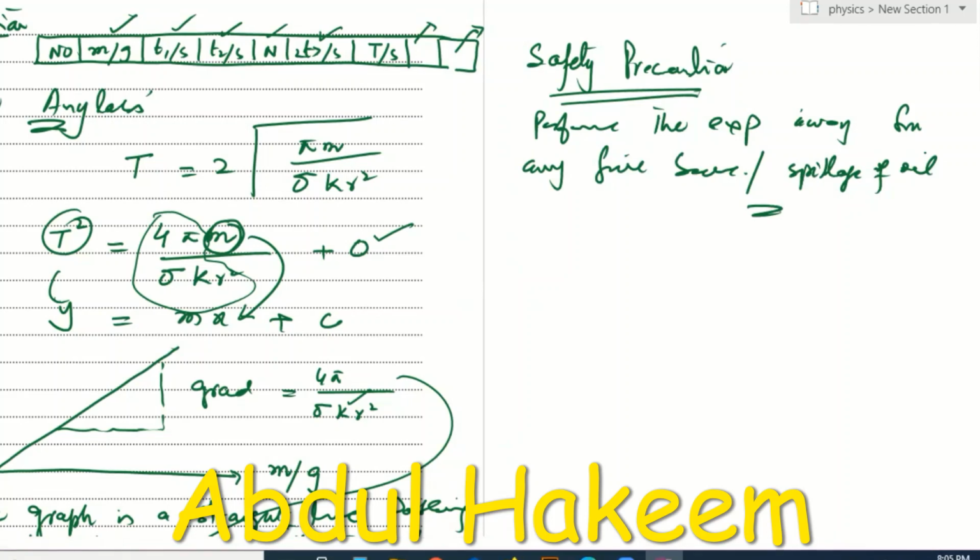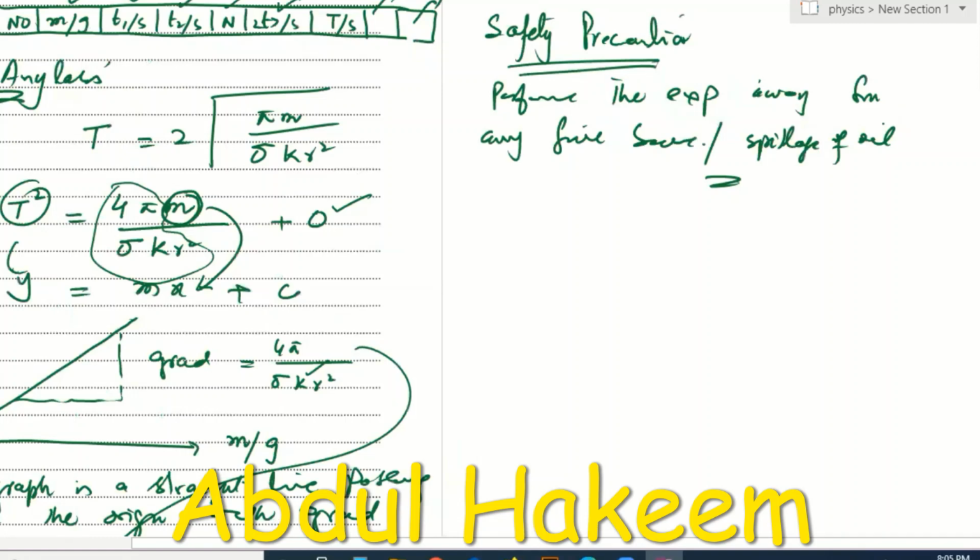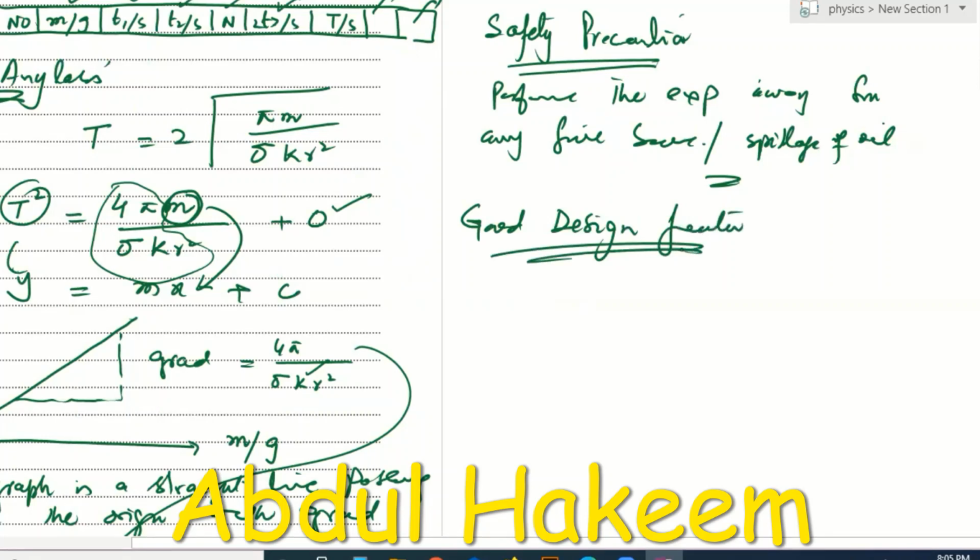And then last is to either write a good design feature, improvement, or additional detail, it's up to you. The last heading is good design features or improvements. We have to write at least 4. Number 1, look, this T is dependent on the mass. To make this time period measurable, keep this M large enough.